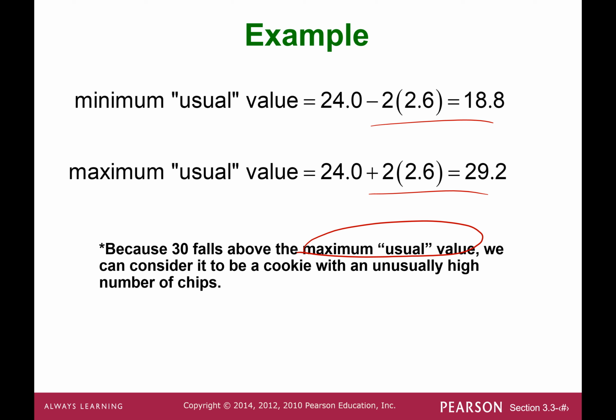So that's unusually high. Consider this cookie as having an unusually high number of chips. That means a usual value must be within 2 standard deviations of the mean. Anything below or above 2 standard deviations is what we call an unusual value.